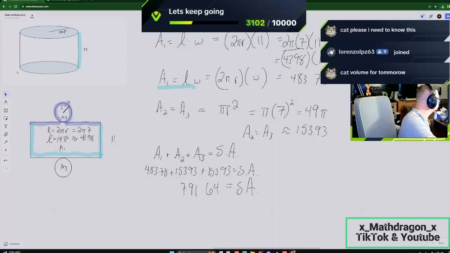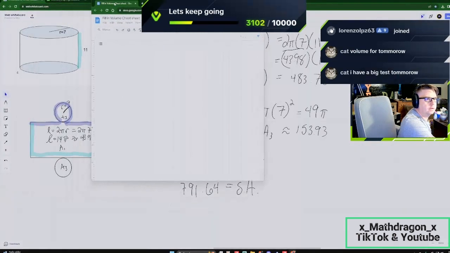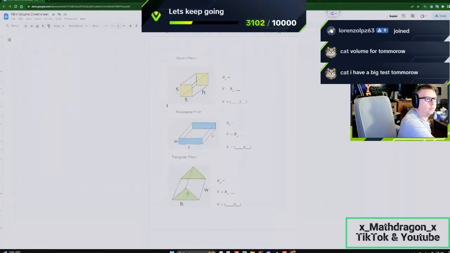And first semester, 4 lessons. Volume cheat sheet. Okay, so we did this. No, it won't go on there. Okay, we did this today. I have a big volume test for tomorrow.